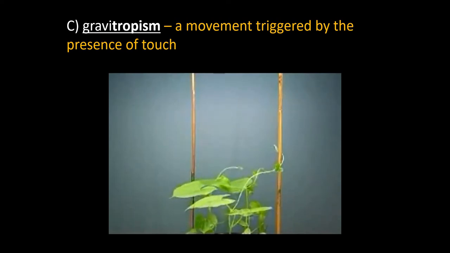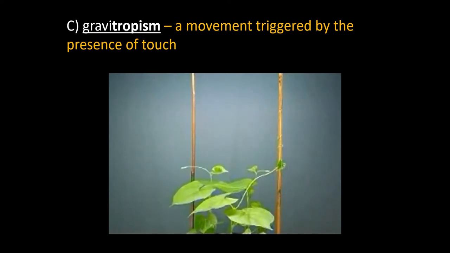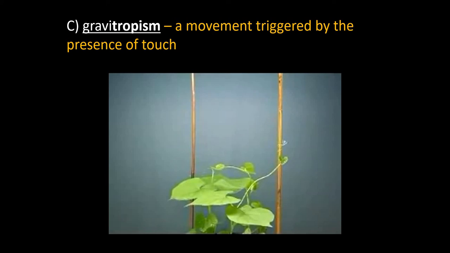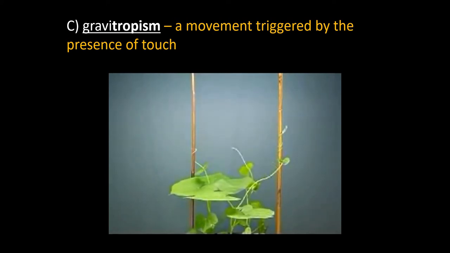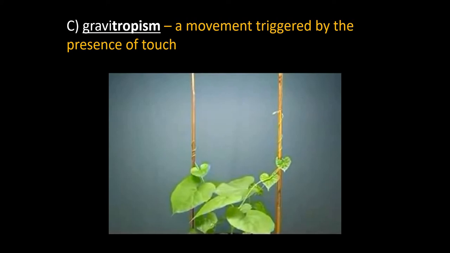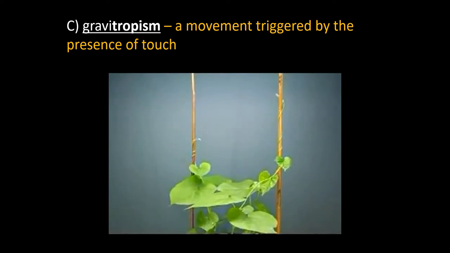And then when it touches, it starts growing around what it touches. Okay, so whenever it comes in contact, it will hold on to it and grow upward. And that's generally to support the plant and keep it upright towards the light.